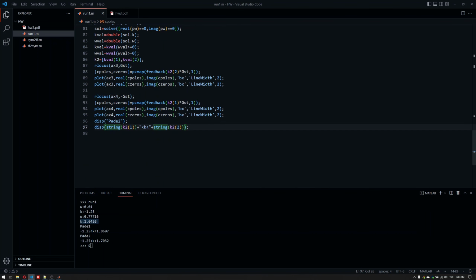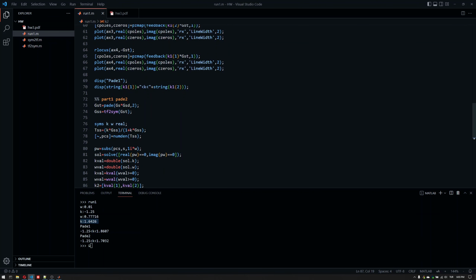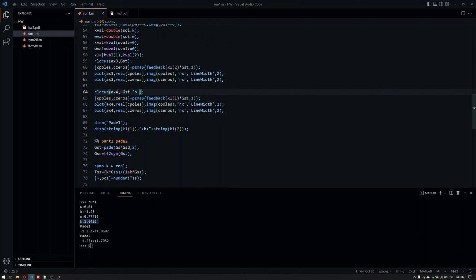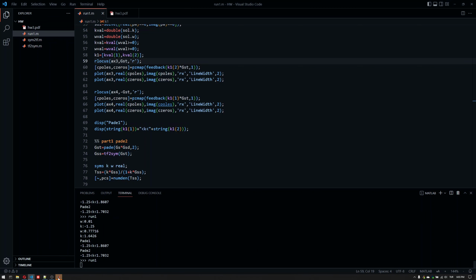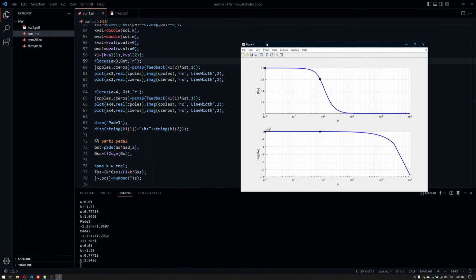Maybe I should associate the root locus colors here too. So if I give it a B in this case and an R in this case, I might be able to separate the root locus from each other. If not, it's not really important, but let's see.